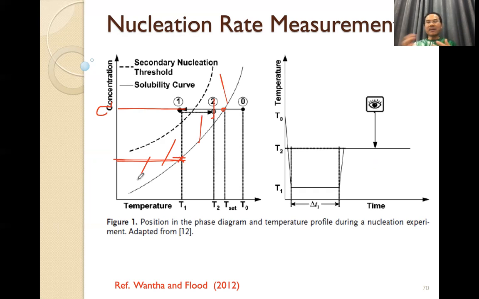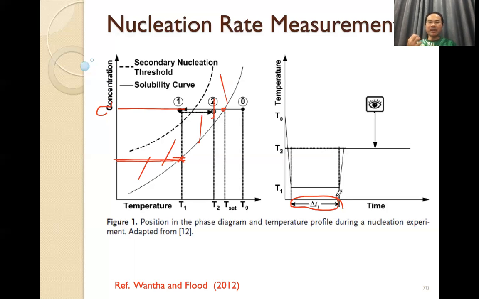After you reduce to point 1, from T0 reduce to T1, you keep it for a time interval delta T1, the time for nucleation. But under the microscope, if the crystal is very, very small, smaller than a micron, it is difficult to detect.